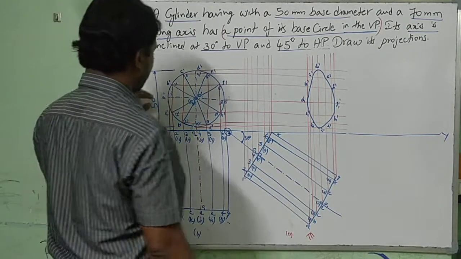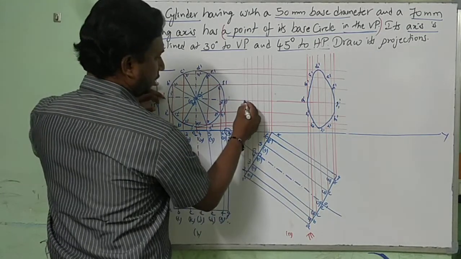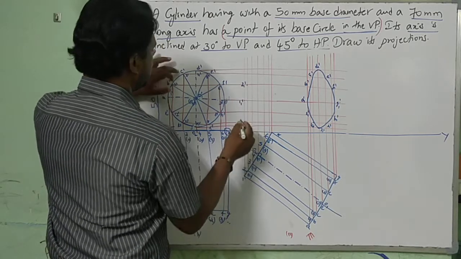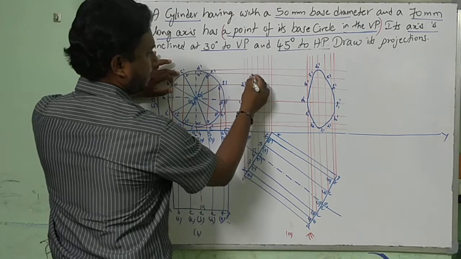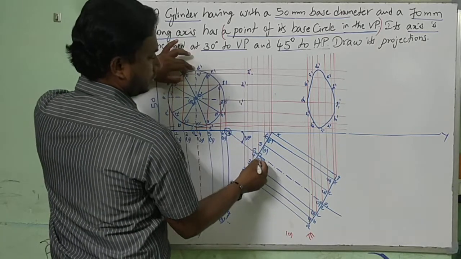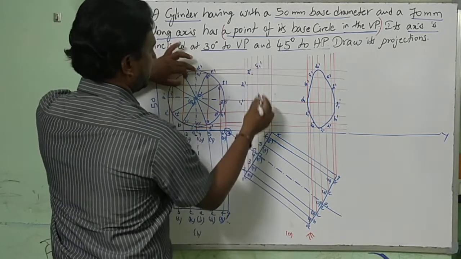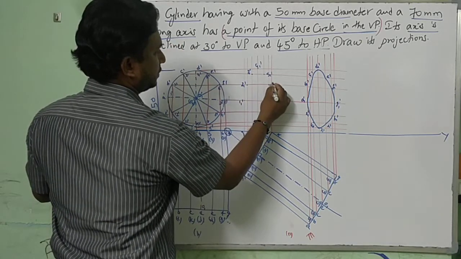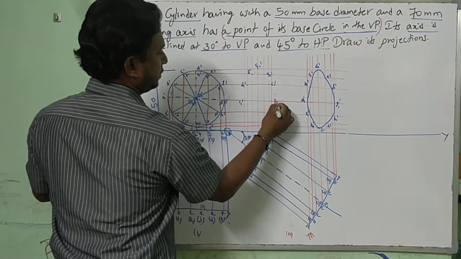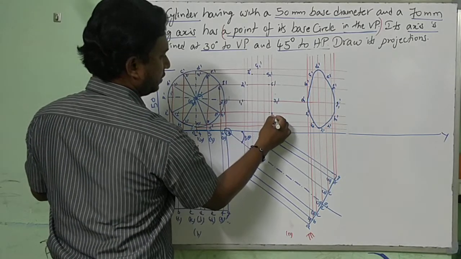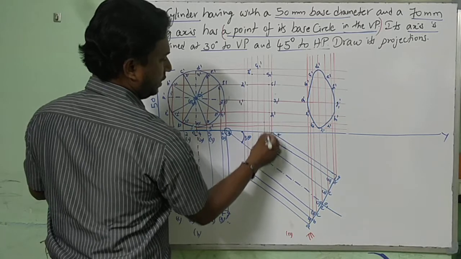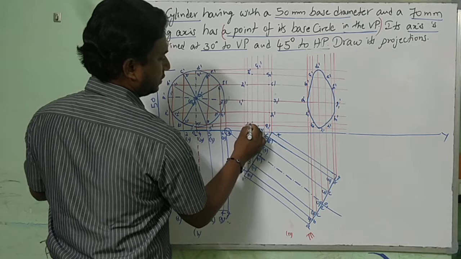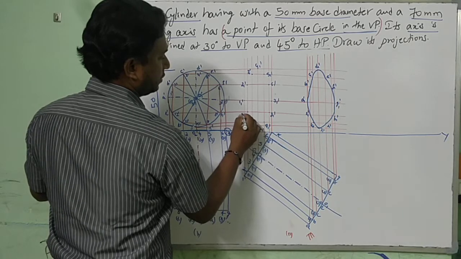Now pick the points the same way: 1 dash, 2 dash, 3 dash, 4 dash, 5 dash, 6 dash, 7 dash, 8 dash, 9 dash, 10 dash, 11 dash, 12 dash.